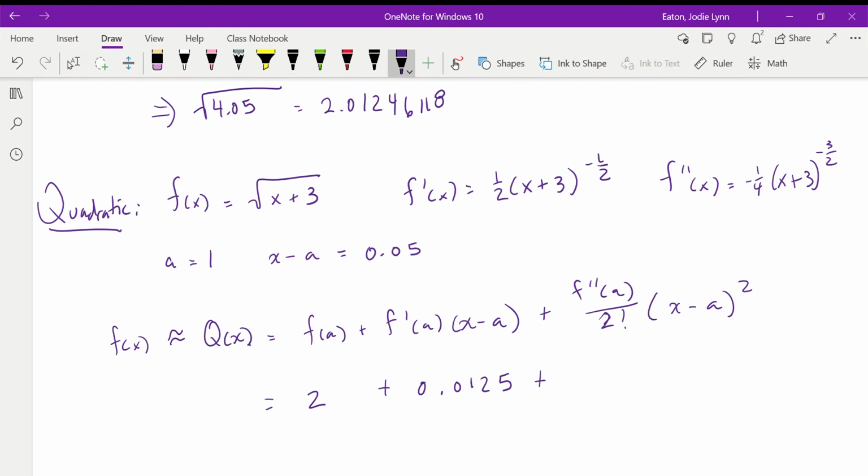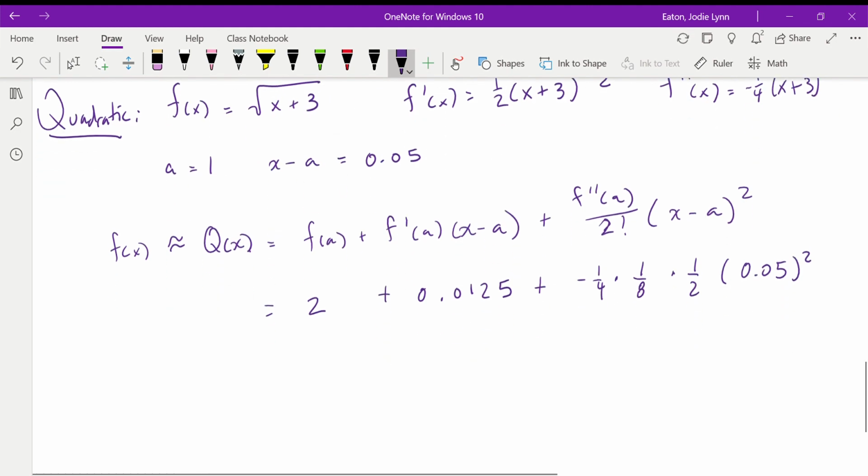So that is negative 1/4 times 1/8 times x minus a squared. And we have our times 1/2 from our 2 factorial. 2 factorial is just 2 times 1, which is 2. 1/2 and 0.05 squared.